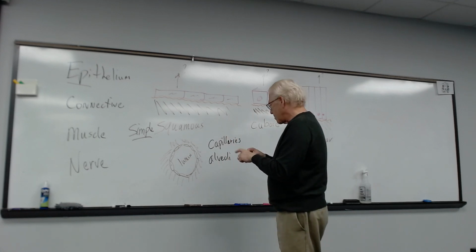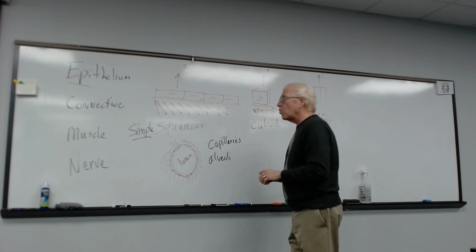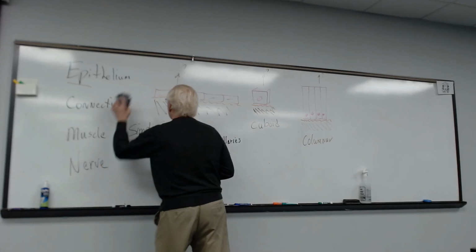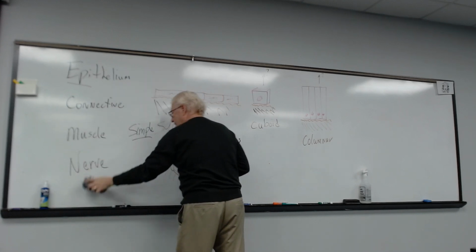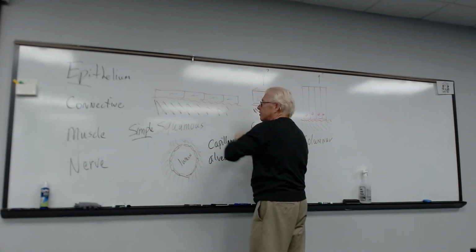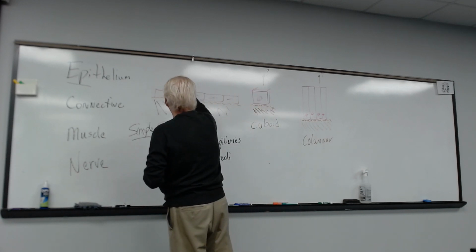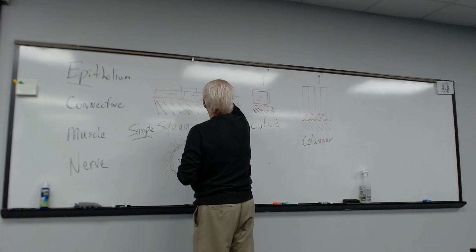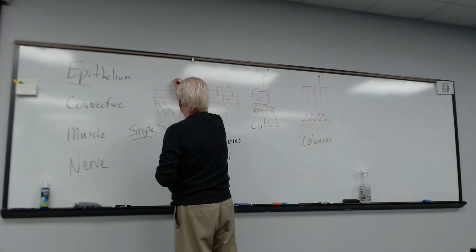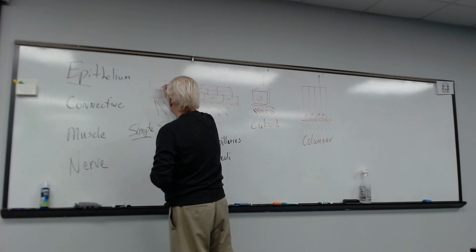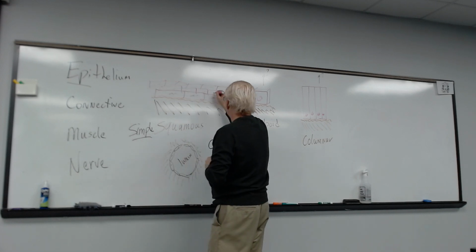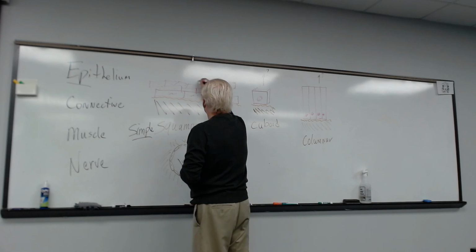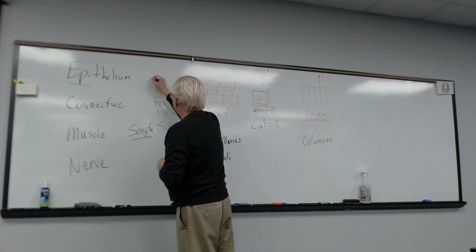No, we don't. Because guess what we have when it comes to your skin? Instead of one simple layer, we now have another layer and another layer with your nucleuses, and another layer of these flat cells.